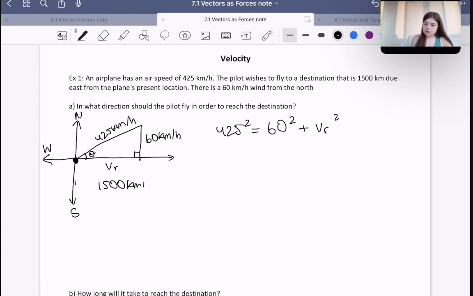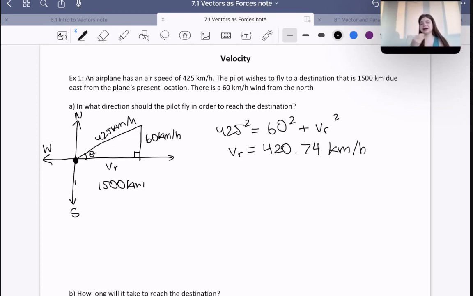So that's going to mean that VR, if we were to solve that, we're going to get 420.74 kilometers per hour. Okay, so something very similar to 425, but a little bit less, right? Because some of the power we're using is just to fight the wind, right?